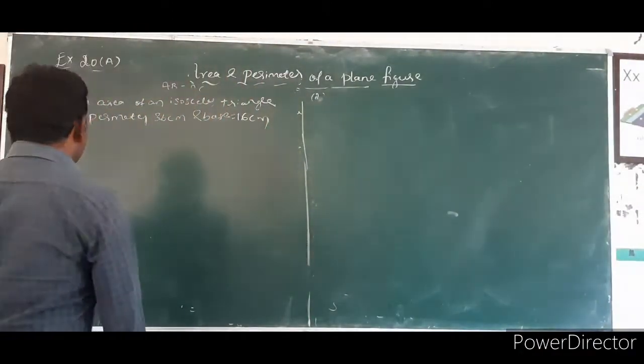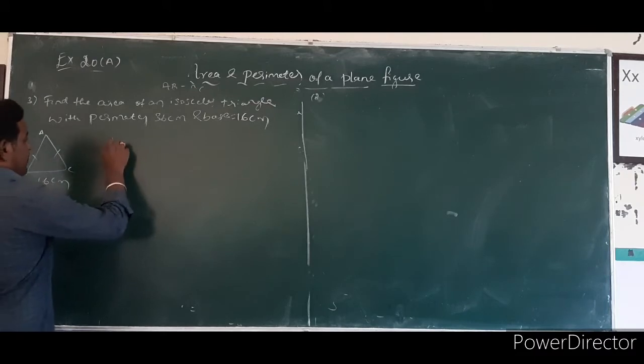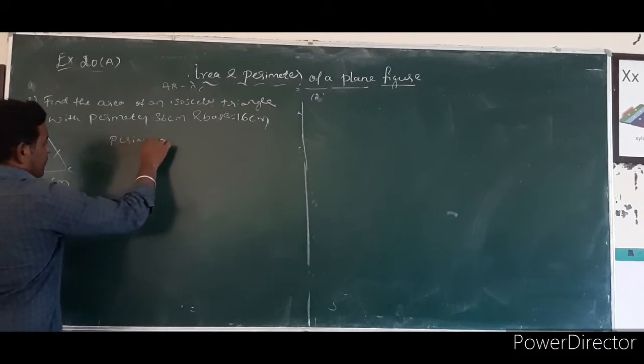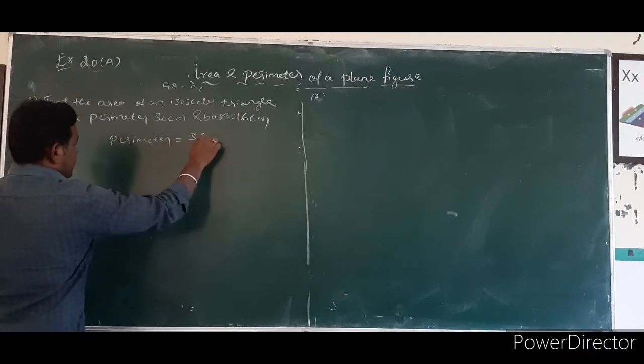If they are given the area of triangle ABC, this is the base, that is 16 centimeter. These two are equal sides. First, they are given the perimeter is equal to 36.